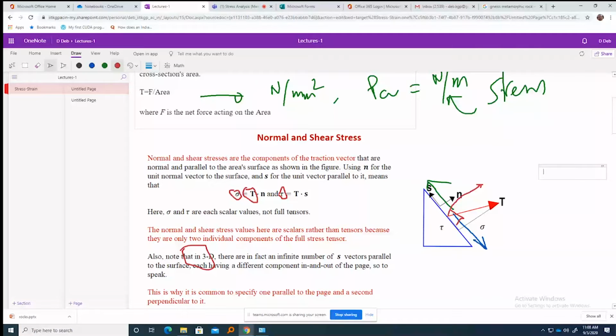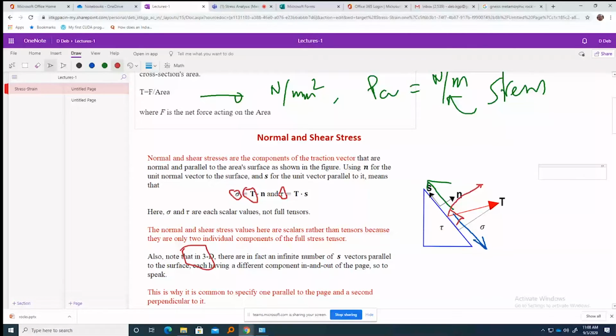It is just this traction oriented towards the normal direction. So it is the unit normal vector, and this oriented towards the shear direction, which is the unit vector in shear direction.